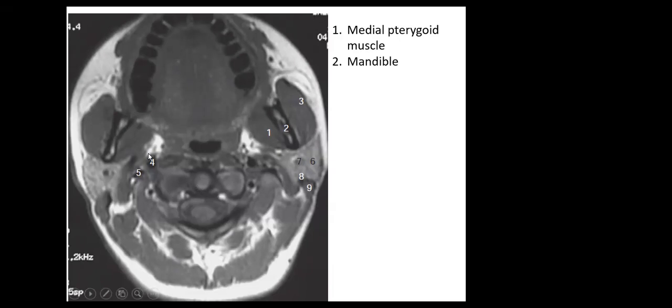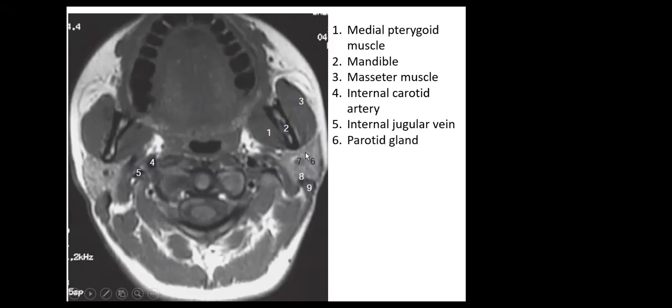Number four is the internal carotid artery. Number five is the internal jugular vein. Number six is the parotid gland. Number seven is the external carotid artery. Number eight is the mastoid process. Number nine is the sternocleidomastoid.